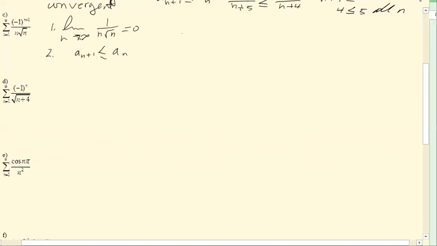Well, you'd have to check it. 1 over n plus 1 root n. Is that less than, sorry, root n plus 1. Go back here. Okay, so we have a root n plus 1 here. The question is, is that less than or equal to 1 over n root n? And I think it's pretty clear that it is.